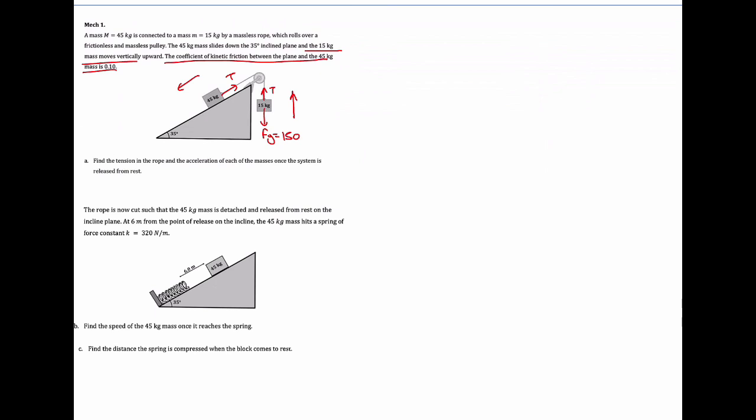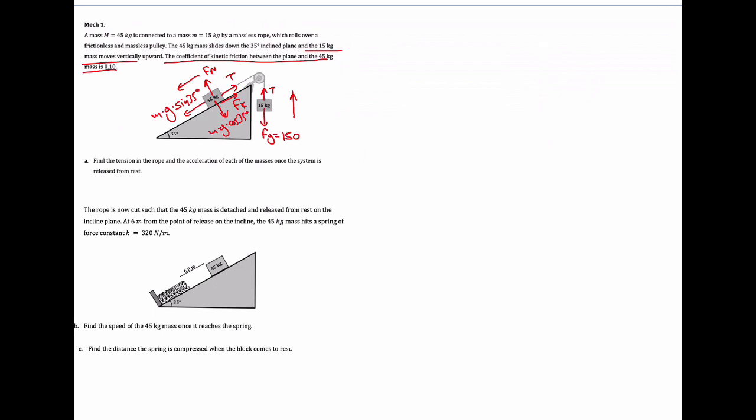Also, since the object slides down on the inclined plane, there will be a force of kinetic friction upwards on the inclined plane, and the object is moving downwards because of the x component of gravity, which is mg times sine of 35 degrees, and there is the y component of gravity, which is mg times cosine of 35 degrees, and the normal force equal to the y component of gravity, which is mg cosine of 35 degrees.